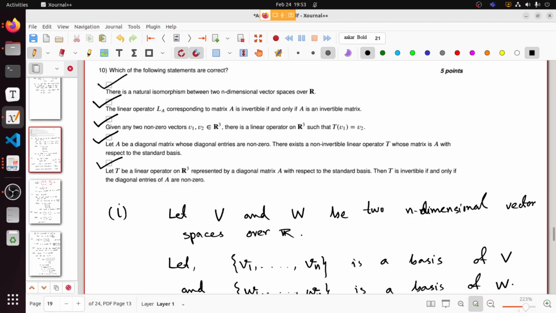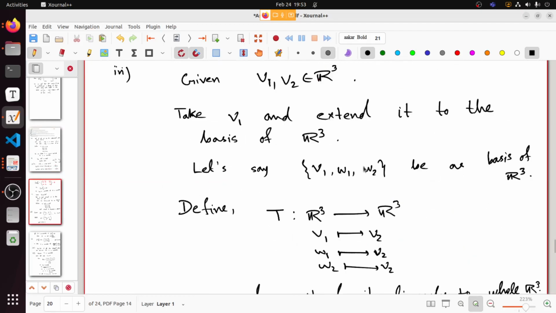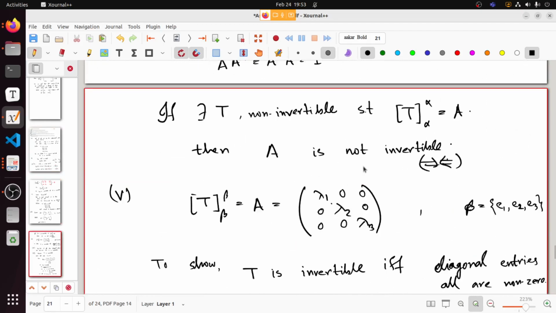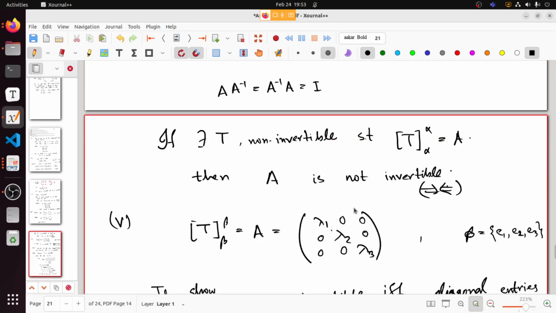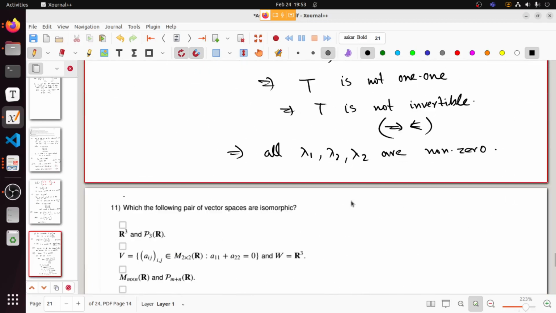So this is correct. Oh sorry, the last option was incorrect. We have done it. Option number 4, then A is not invertible, no, 4 is correct. Okay, so this was done.